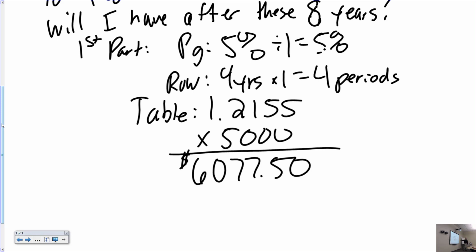So what does this number represent? Our new principal at the end of 4 years. So in theory, how much do we invest into the new one? That much. So this number is carrying forward. This is our new principal for the next investment.